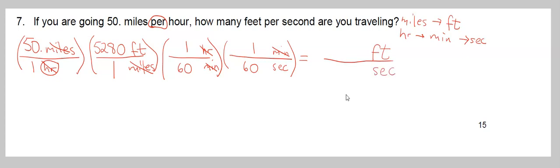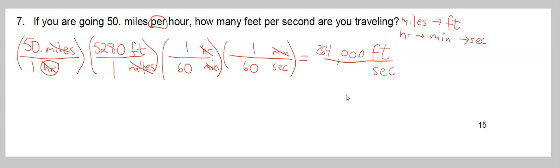That's good. So then when I do this on my calculator, I'm going to do 50 times 5,280. Let's do that. So then up on top, I'm getting a huge number, of course, 264,000 feet.